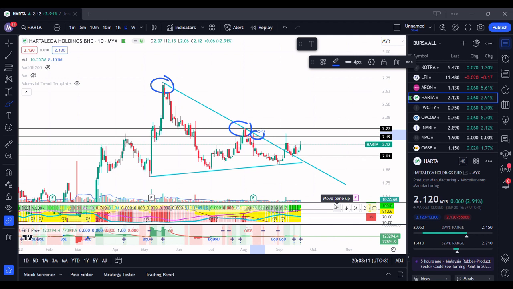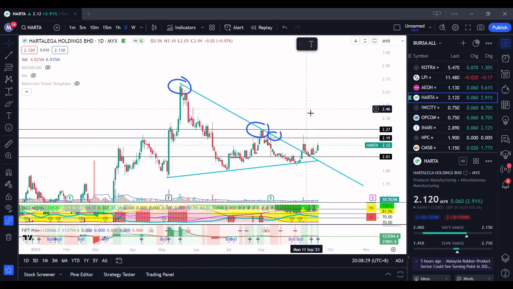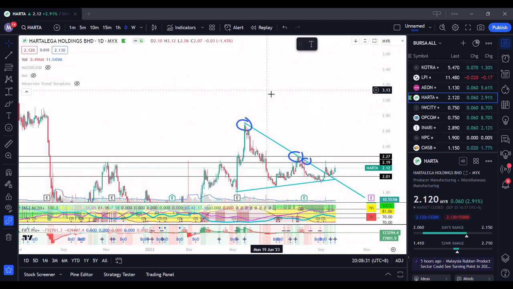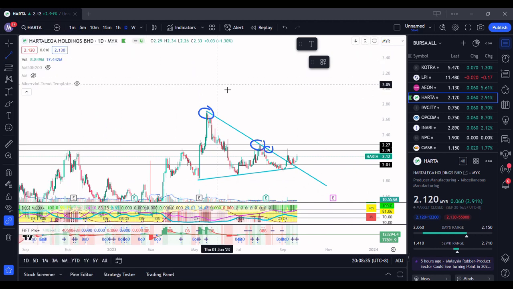Then if we look at the uptrend line here, connecting until here, it almost hit. If you pull it up a bit here, it looks quite valid because most of these are just wicks. But you can always change a trend line. Just remember the rule of thumb: trend lines can only go broader, not steeper.